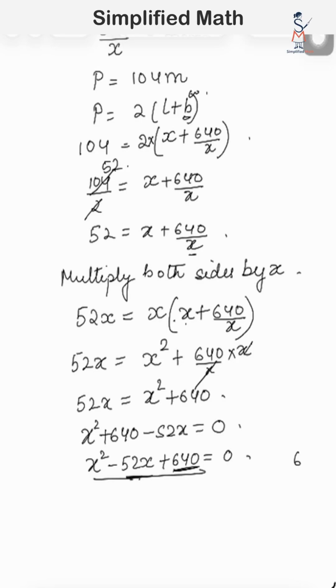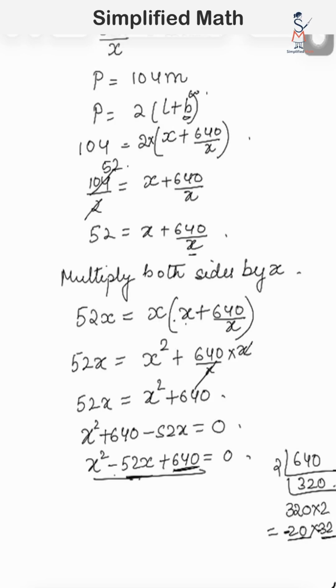I'll show you. 640 we start factorizing to 320. 320 into 2. This can also be written as 20 into 32. Now we know 20 plus 32 becomes 52. But we want a minus sign. That means minus will become plus, and 20 plus 32 is 52 and with a minus sign.